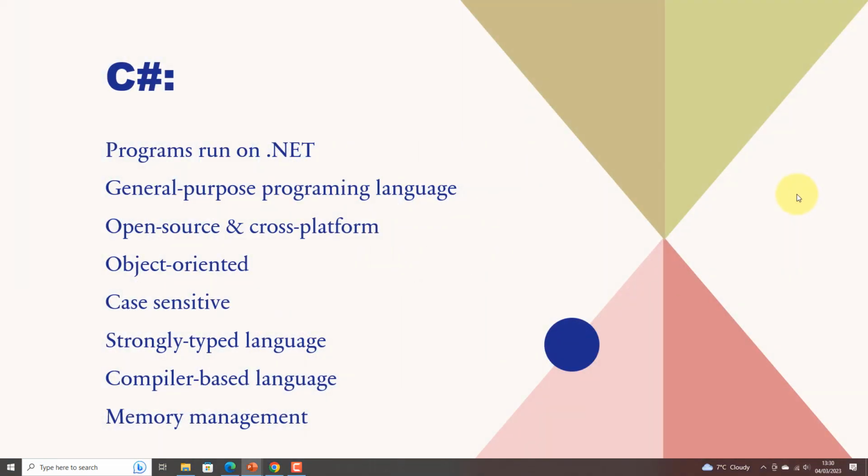So all the apps created by C Sharp run on .NET. C Sharp is a general purpose programming language. That means you can build everything with C Sharp, starting with console apps, going further with desktop apps, with mobile apps, with machine learning, and so on.